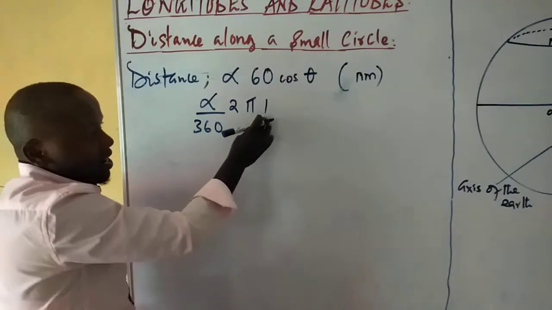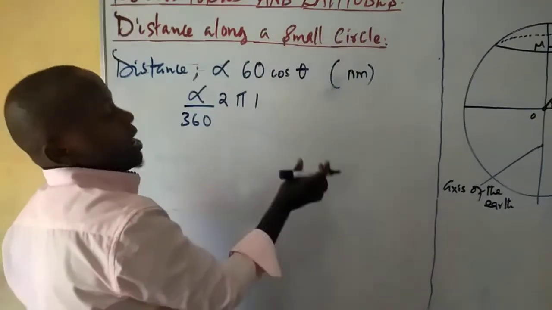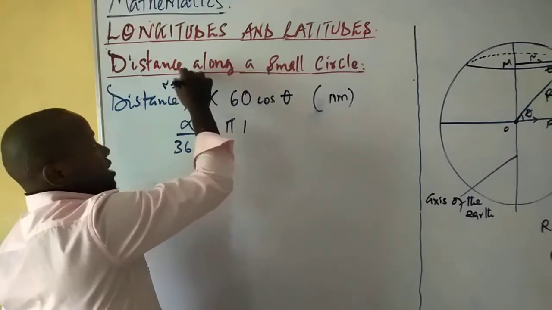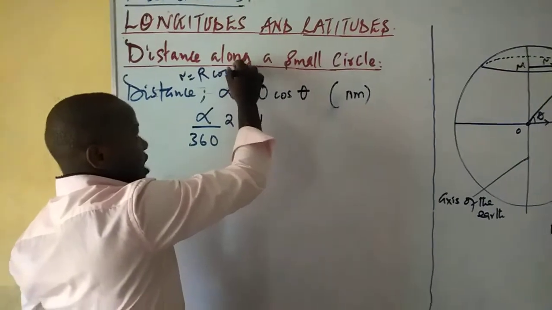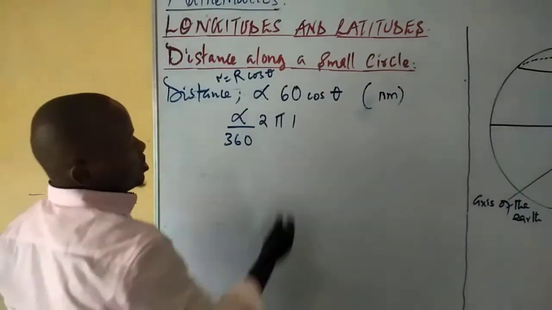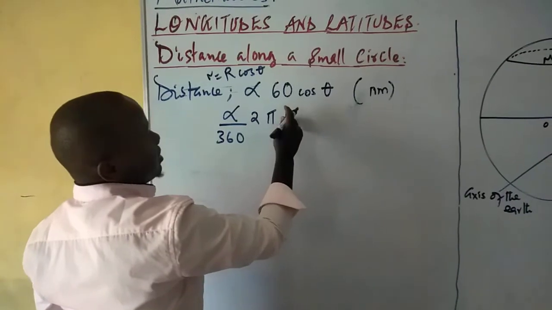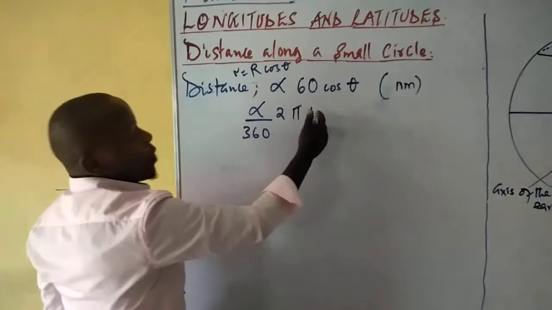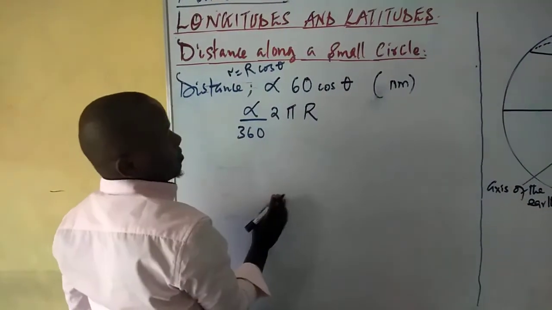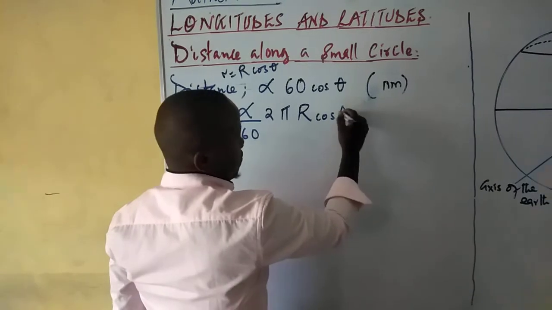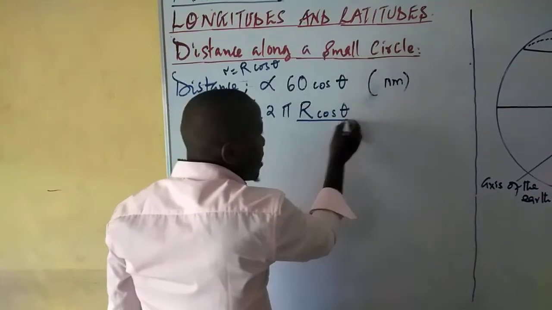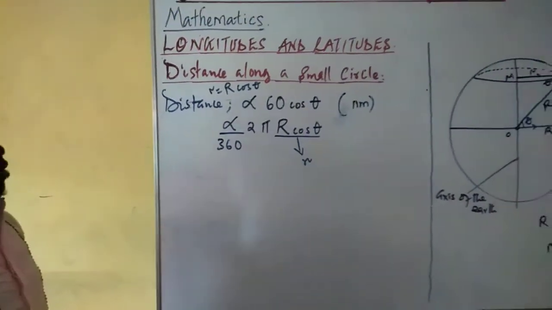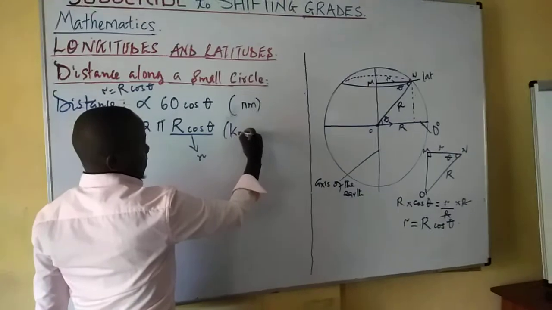Then instead of r, we have found that small circles have a smaller radius, given by the radius of the Earth times the cosine of theta, where theta is the latitude. Therefore, instead of r, we will use capital R times the cosine of theta, which represents the small r in small circles. So this is distance in kilometers.